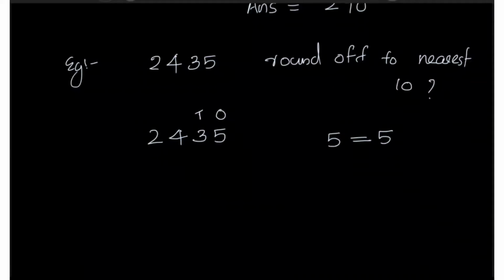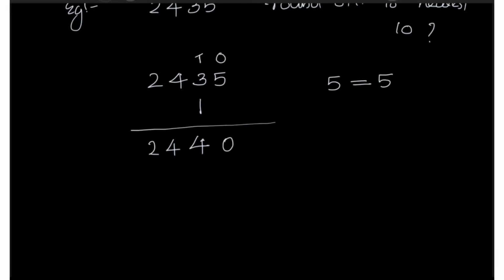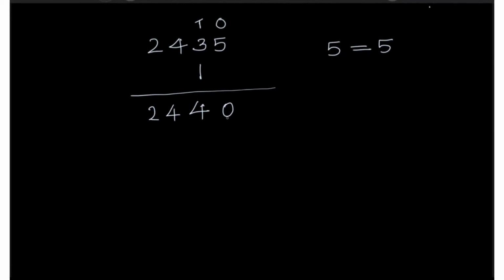The condition is that the very next right place is equal or greater than 5. Here it is equal, so we add 1 to the 10th place: 3 plus 1 is 4. Then put the right side as 0, since we are rounding off to tens, and the answer is 2440. These are the three conditions while rounding off to 10.